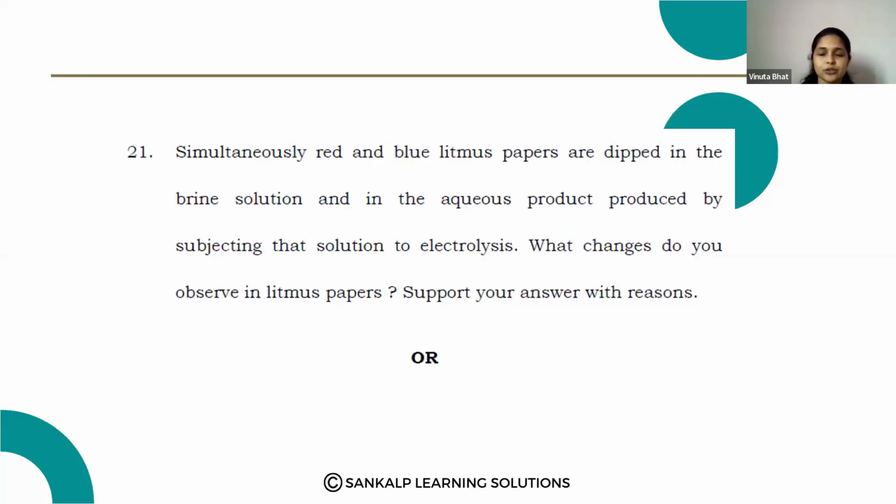21st question, that is also a 2 mark question. Red and blue litmus papers are dipped in the brine solution and in the aqueous product produced by subjecting that solution to electrolysis. What changes do you observe in the litmus paper?